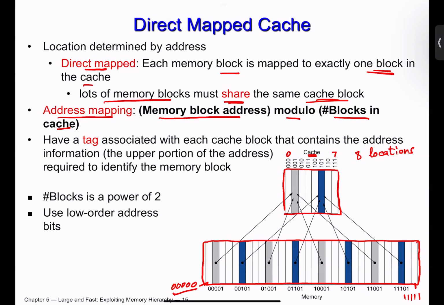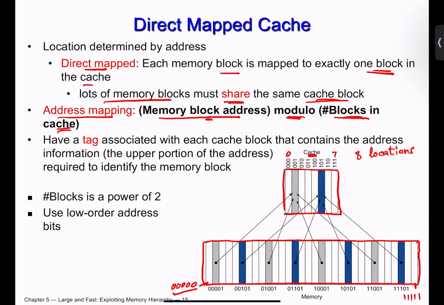And suppose that each of these memory locations belongs to a student number. So when you lived in a certain apartment, you have a number. And as soon as you have that number, you would like to know exactly where your spot location is. So you will take that number, modulo the number of blocks in the cache, or the number of available parking spots in my parking lot, and then you will get a number. You know that you have to park here.